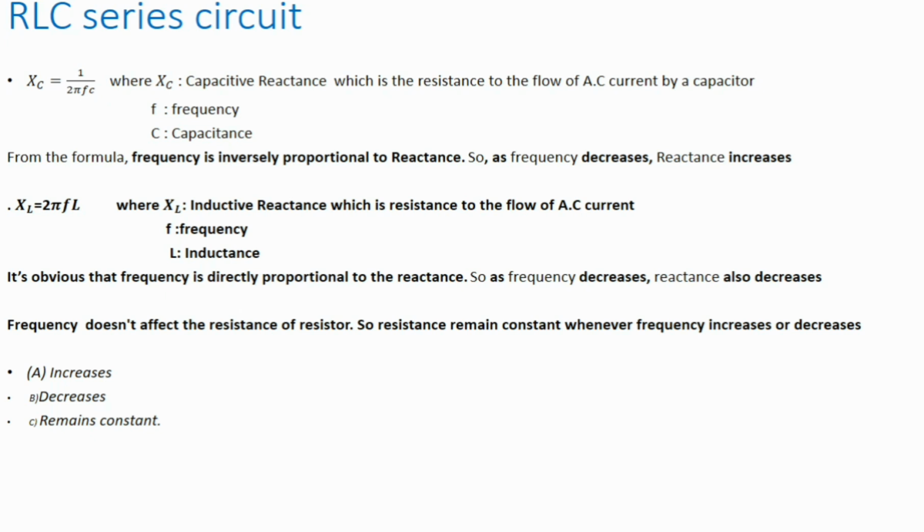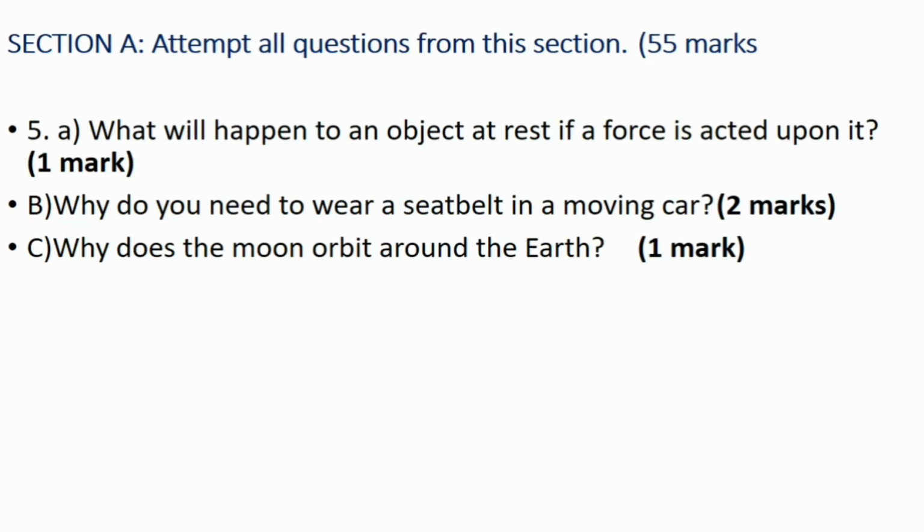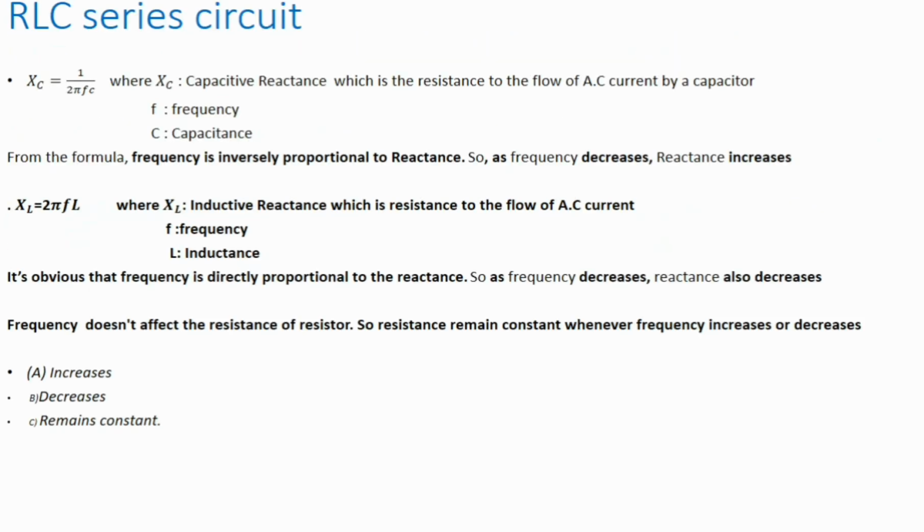So this F, as I have said, stands for frequency, and this L stands for inductance. As you see, the reactance in an inductor is directly proportional to the frequency.